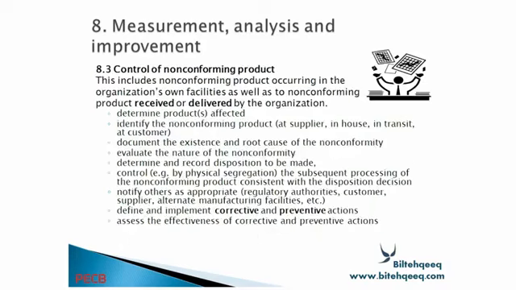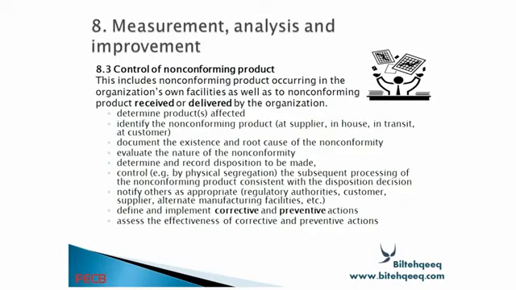And 8.3 is the control of non-conforming product. This includes non-conforming product occurring in the organization's own facility as well as non-conforming product received or delivered by the organization.